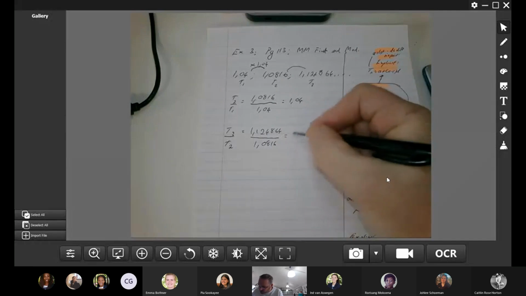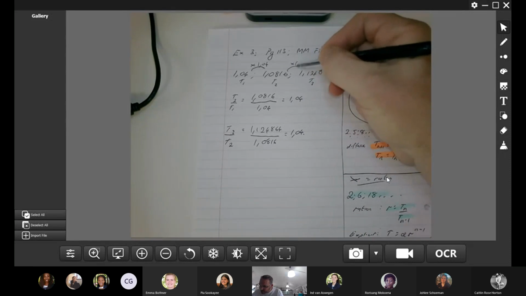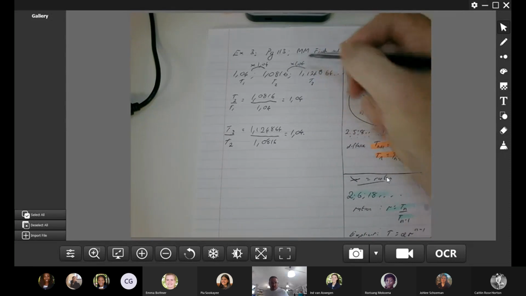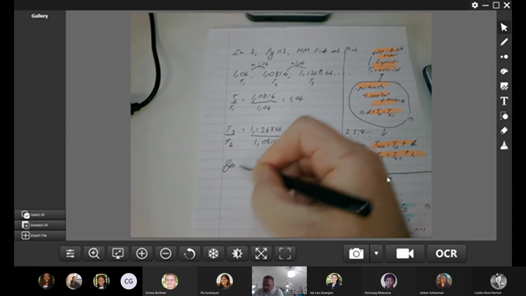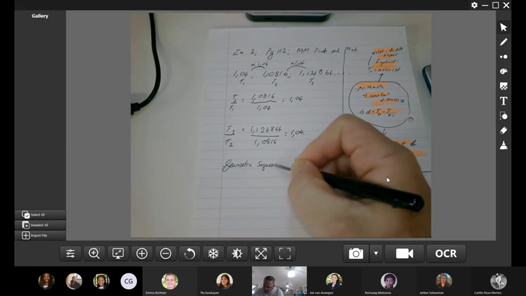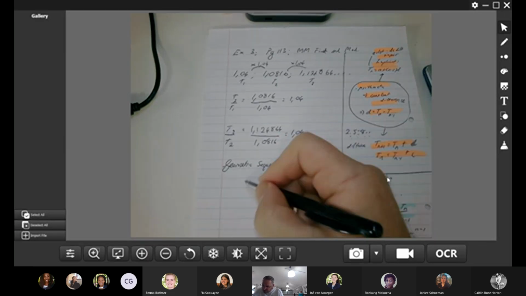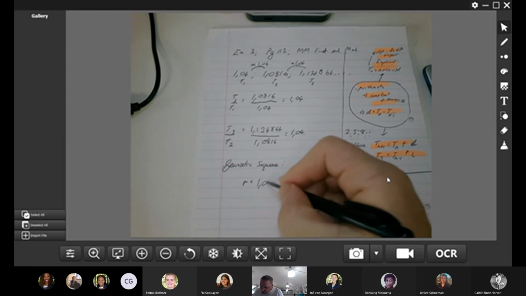So you are constantly timesing by a fixed amount to get from one term to the other. That fixed amount is called your ratio. So now we know we're working with a geometric sequence, and I would always focus your mind and write down that your ratio is equal to 1.04.